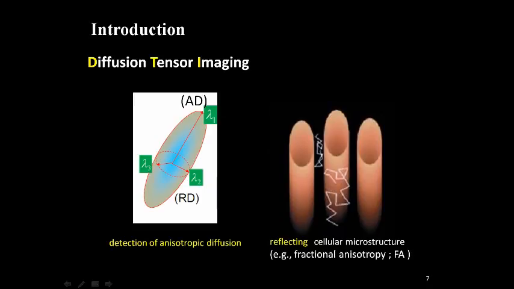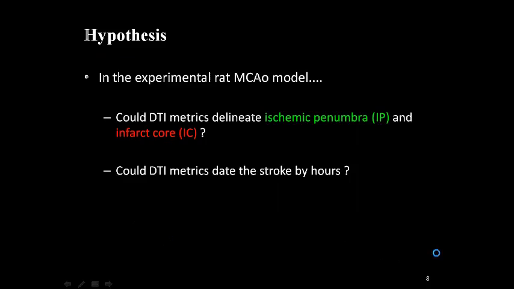Imaging techniques of MRI, such as diffusion tensor imaging, have emerged as a promising tool to study acute stroke. DTI has been shown to be capable of delineating the microstructural changes of the brain due to ischemic stroke-induced damage, commonly expressed as fractional anisotropy (FA).